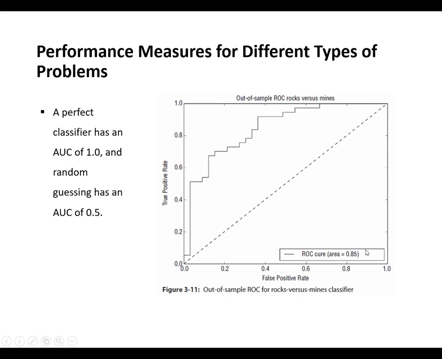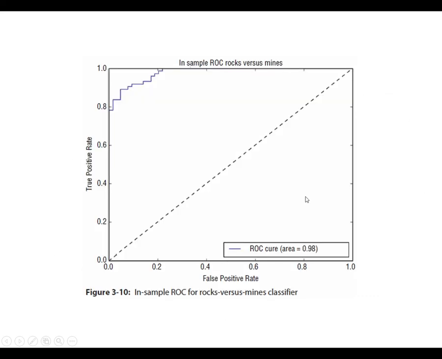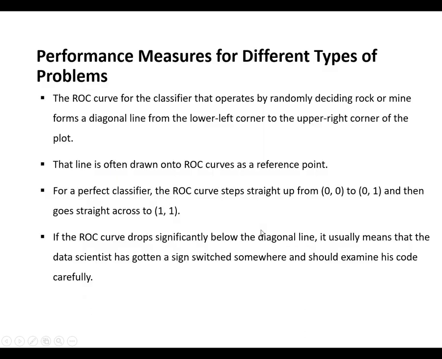Here the ROC area is 0.85, but in the previous one the ROC area is 0.98. That means we are maximizing the area, which indicates that the results will be better. So this area is known as the area under the curve, AUC.